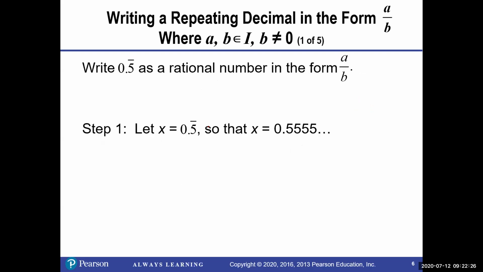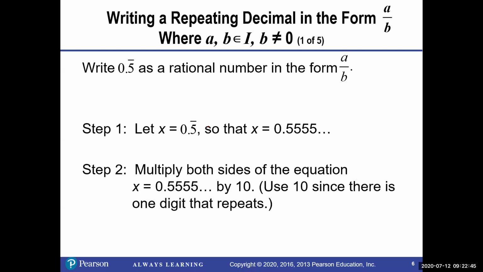Okay, nice. So here we want to write 0.5 repeating as a rational number in the form a over b. First, you let x be equal to the decimal 0.5 repeating, all right? Now, the second step is to multiply both sides of the equation by 10.